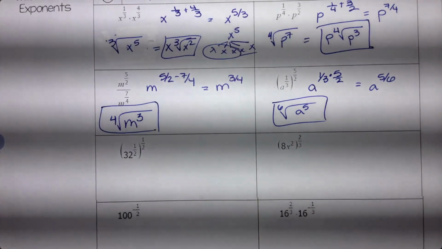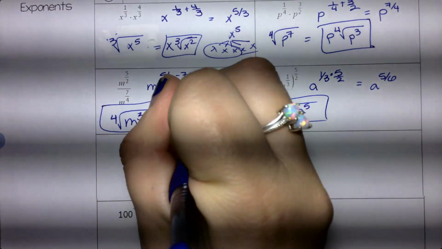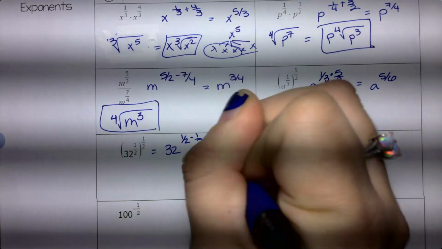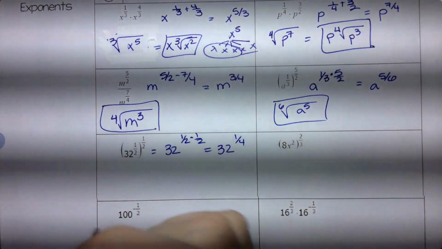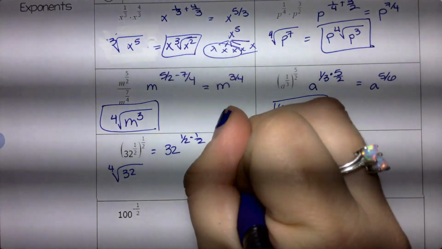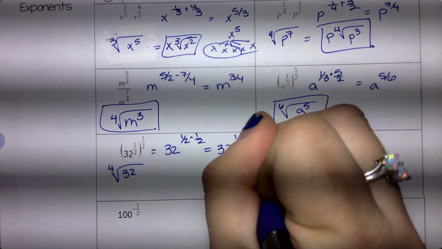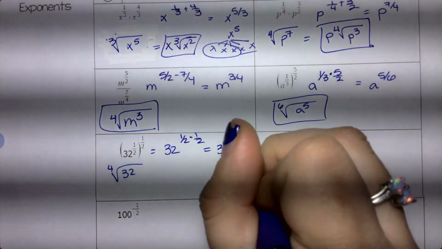Same thing with 32. I want to multiply my exponents, so that's going to give me 32 to the 1/2 times 1/2, which is 32 to the 1/4, which is the 4th root of 32. So if I factor tree 32, I get 2, 16, 2, 8, 2, and 2.